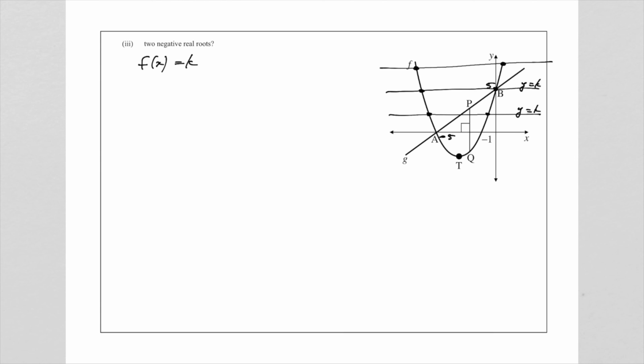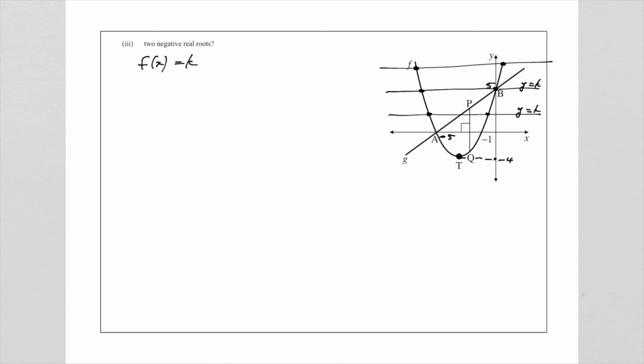So if I draw it above the y-intercept of 5, or y equal to 5, we will have one positive, one negative. If I draw the line at this y-intercept of 5, one root will be 0 and one will be negative. If I draw the line below this y-intercept of 5, then the roots will both be negative.